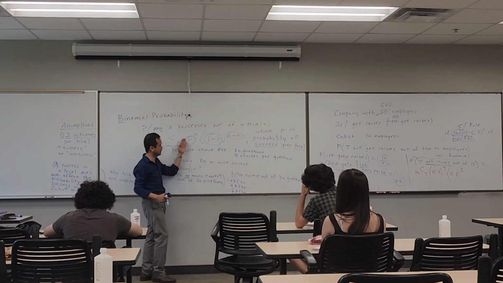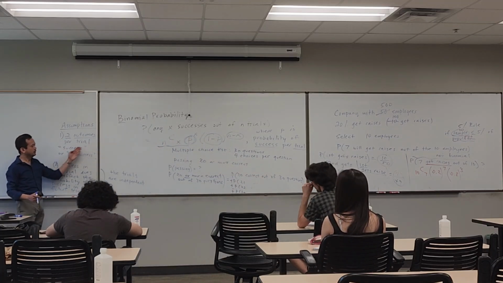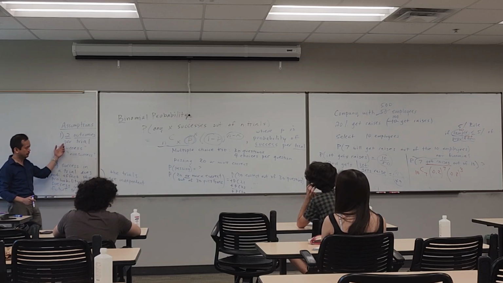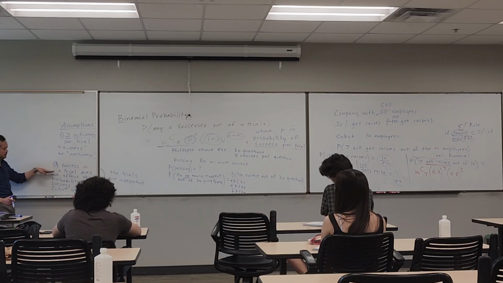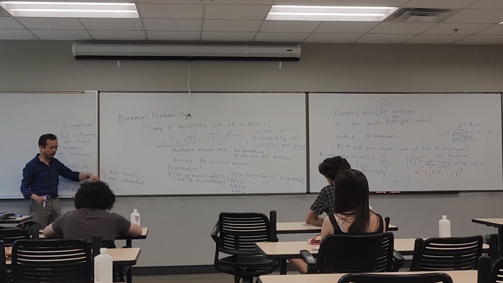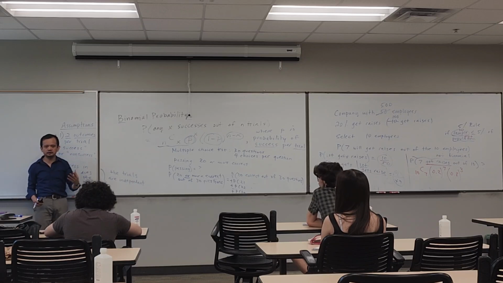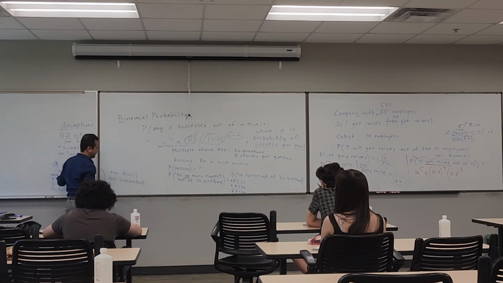Both assumptions are met: there are 2 outcomes per trial, success and non-success, since you either get a question correct or not. And the second assumption: if you get a question right, it doesn't change the probability that you get another question right, so the probability of success is constant throughout all the questions.